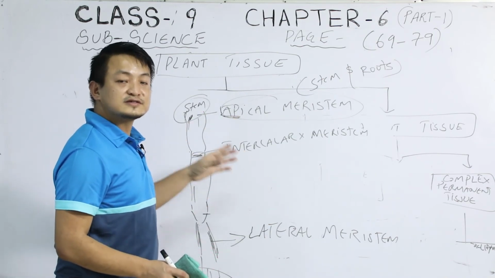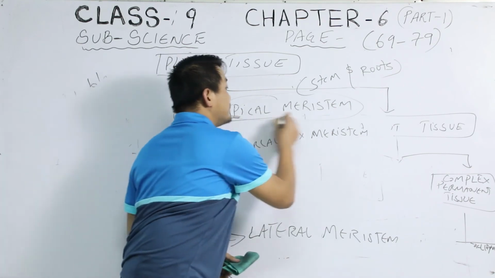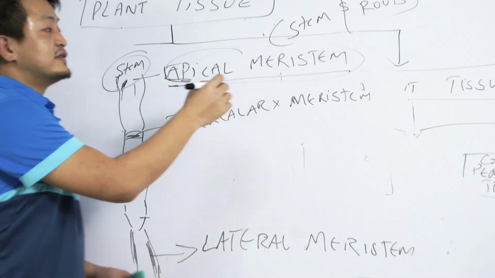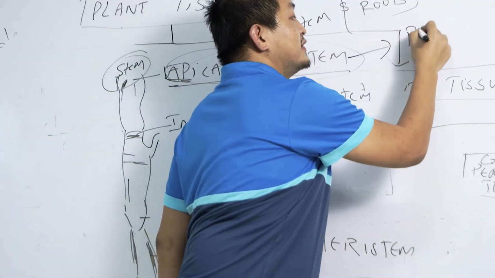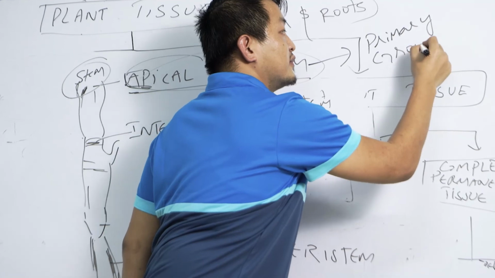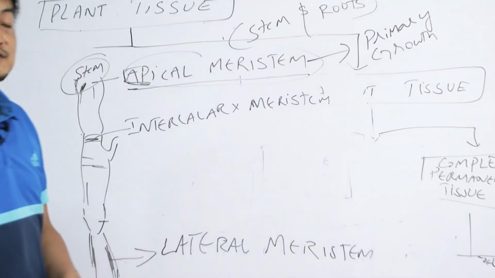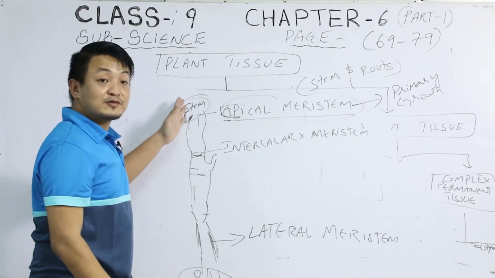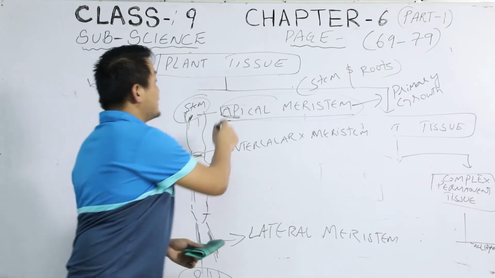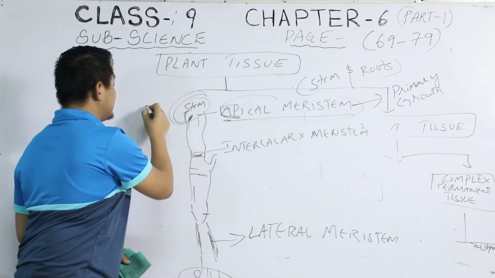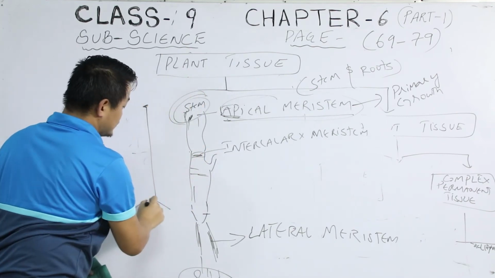Don't get confused, this is an example of primary growth. So in plants we have discussed the increase in height, and that is apical meristem. Location: growing tip of the stem and the root.